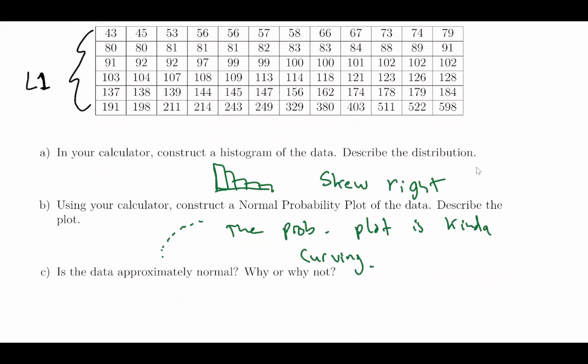So based off of the histogram and based off of our probability plot, can I say that our data set is normal or is this data set not normal?